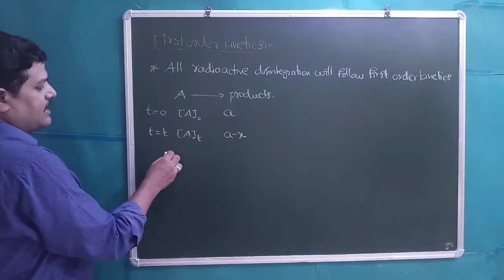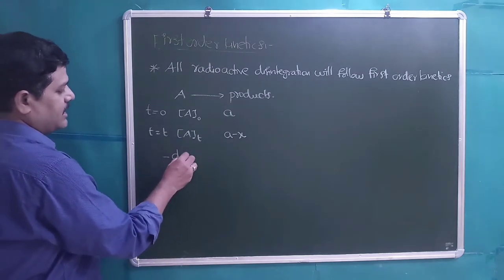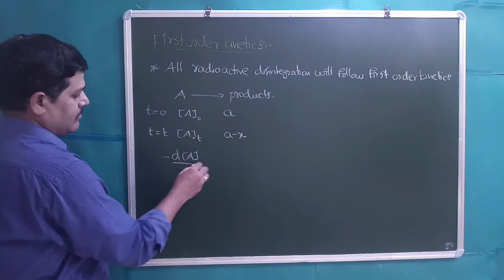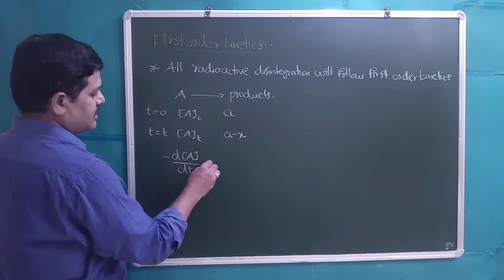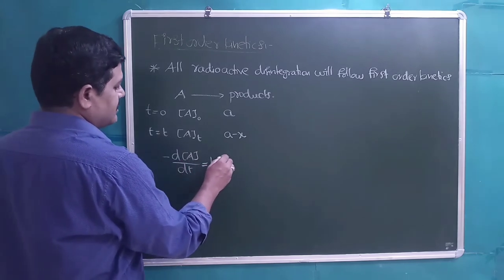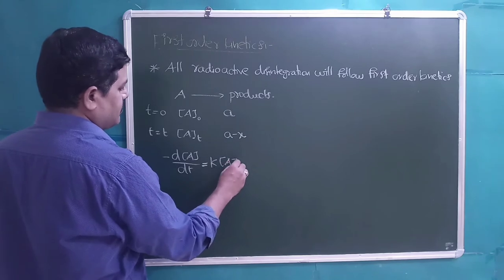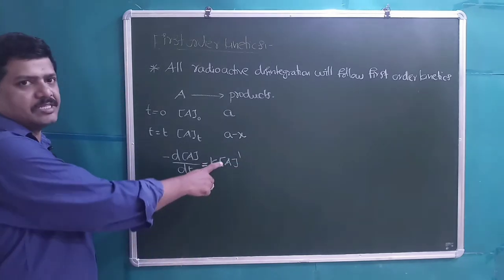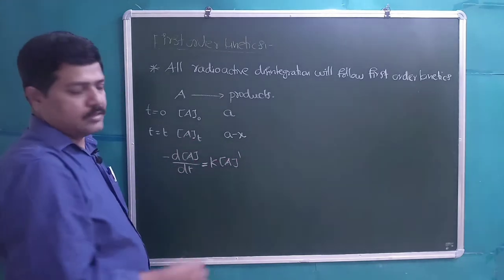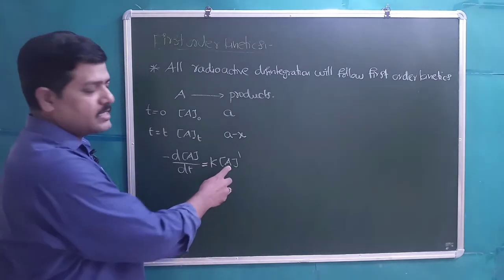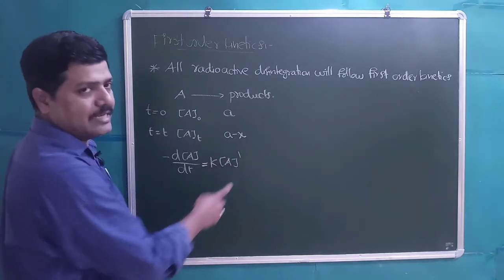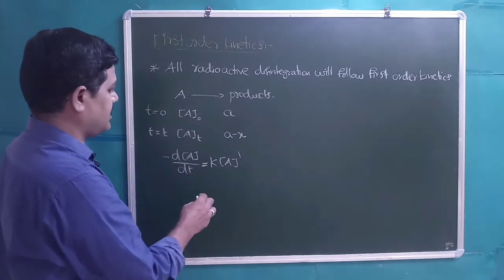Then students, rate we can write as minus dA by dt is equal to K into the concentration of reactant to the power 1, because it is a first order reaction. Rate depends on the concentration of the reactant to the power 1, that is called first order kinetics, right?